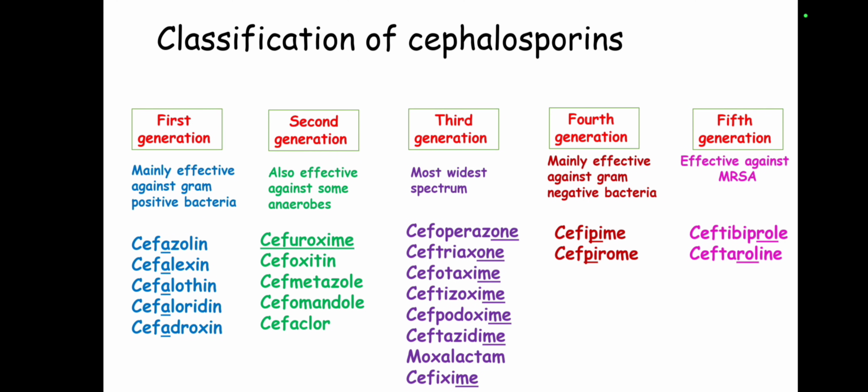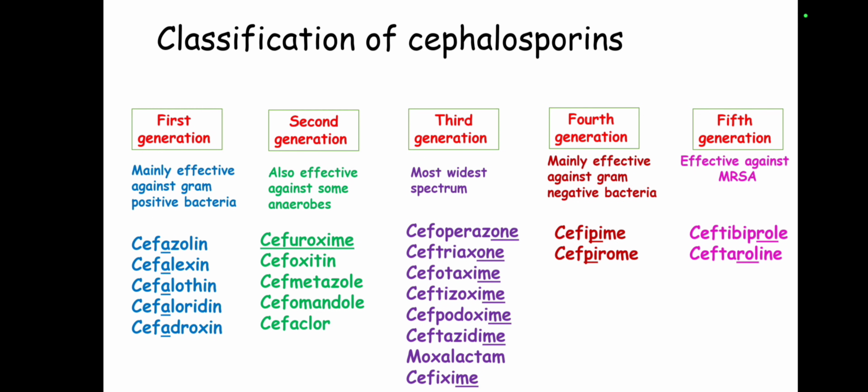So you can see if any drug is of first generation, after cef an a should be there, but one exception is cefaclor of second generation. Next, if pi is there, the drug belongs to fourth generation. If role is there, the drug belongs to fifth generation.